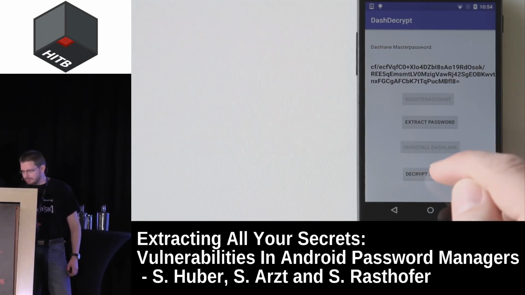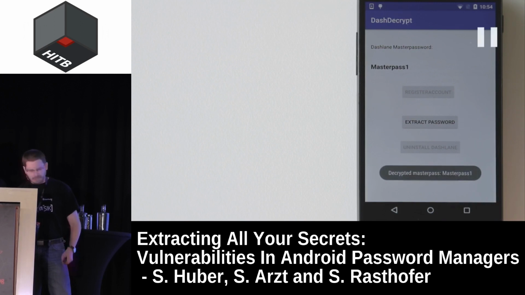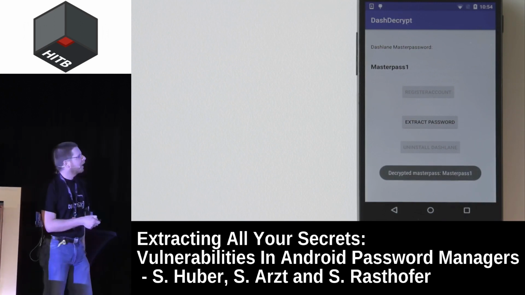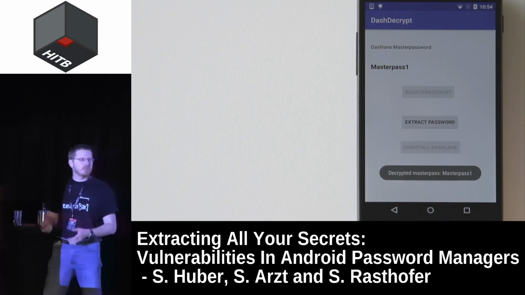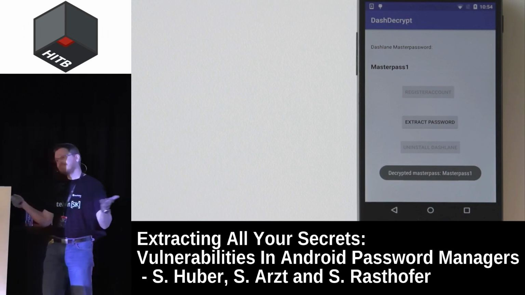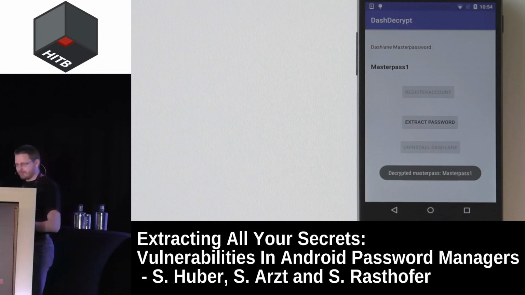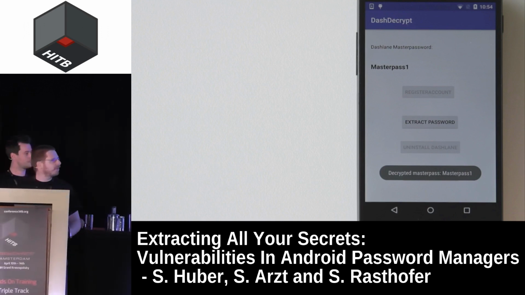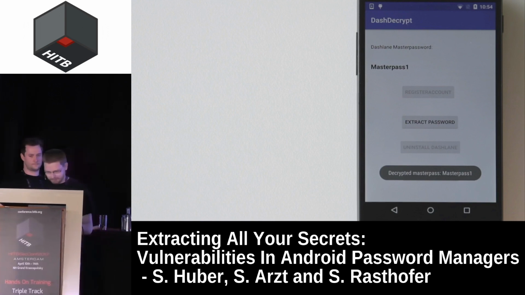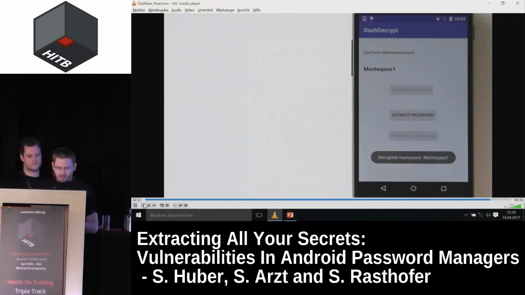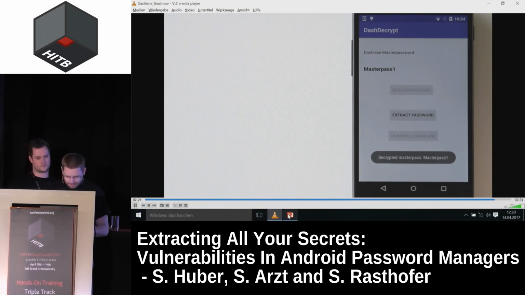And when I click on decrypt, I could decrypt it. The question is now, okay, I have extracted it somehow. Why could I also decrypt it? The same solution as before. The encryption key is part of the application. Okay, what's now the secret behind this attack?